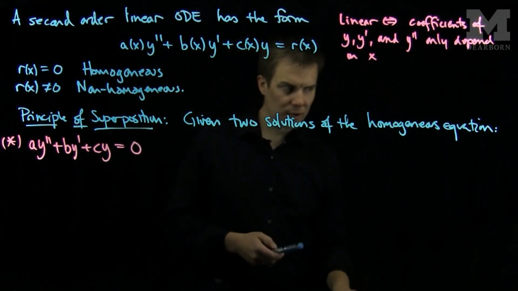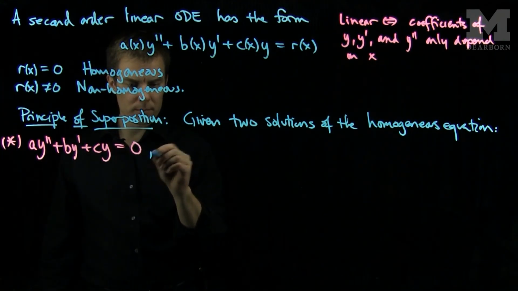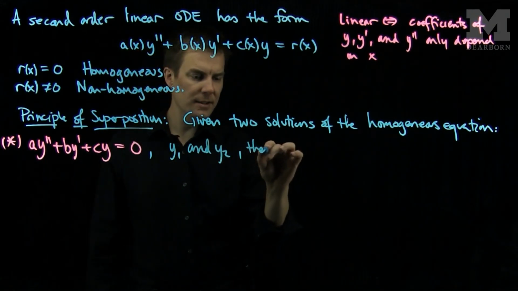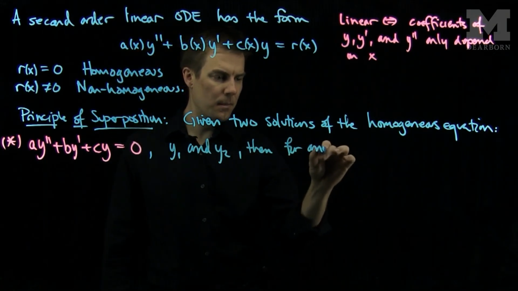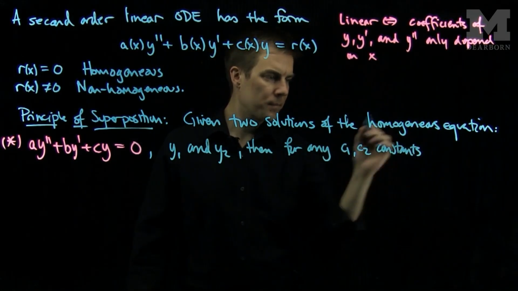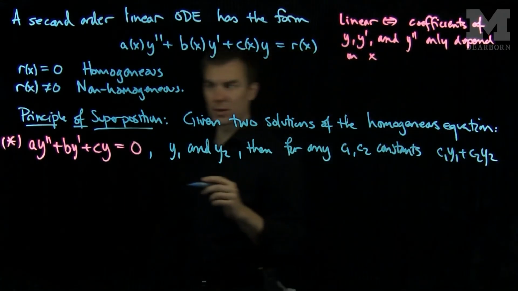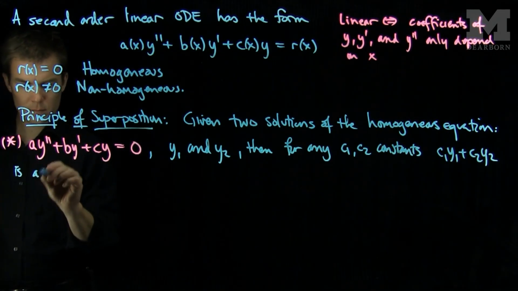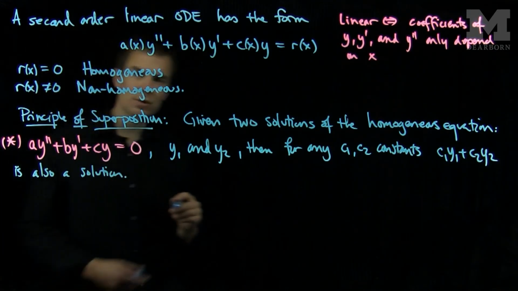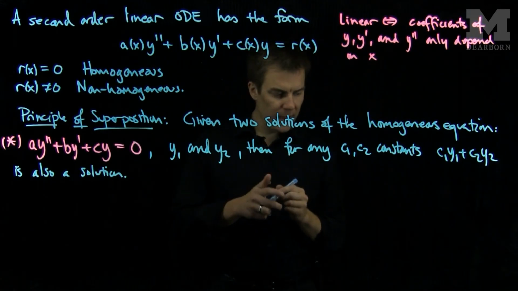If I have two solutions of the homogeneous equation, y1 and y2, then for any constants, c1 y1 plus c2 y2 is also a solution. Meaning that if we find two solutions of the homogeneous problem, we can take any combination of them we like and get another solution.